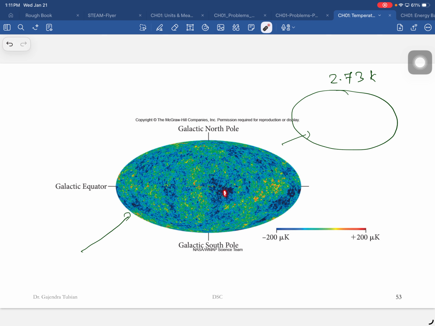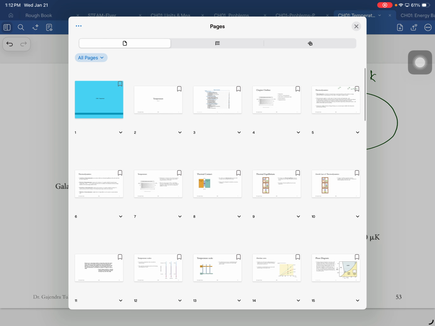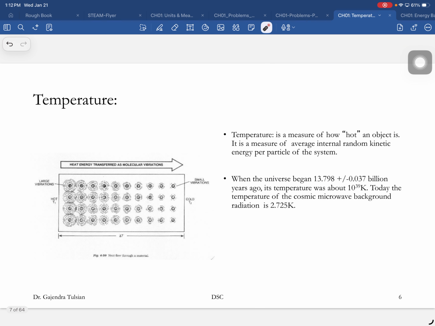The colder areas, that's where the galaxies form. These are empty spaces. We live in a galaxy, so if you didn't have these colder spots, that's where the galaxies form. So it was extremely important to find that. All right, anyway, we'll talk about it more. So 2.725 degree Kelvin is the average temperature.